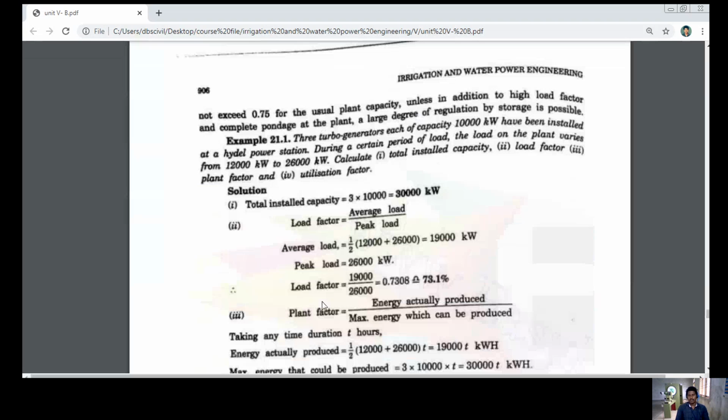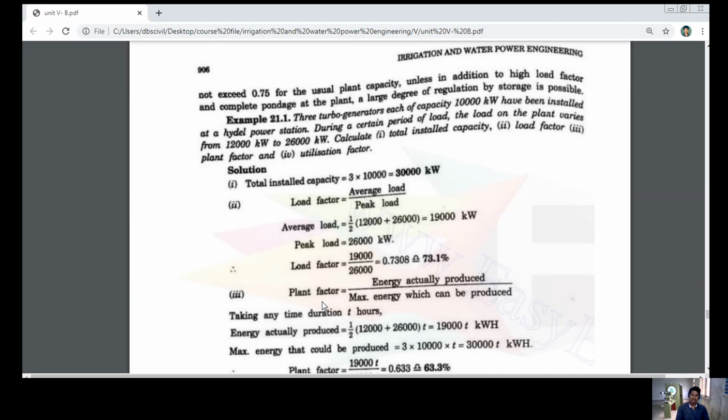During a certain period the load on the plant varies from 12,000 kilowatt to 26,000 kilowatt. Calculate the total installed capacity, the load factor, the plant factor, and the utilization factor.